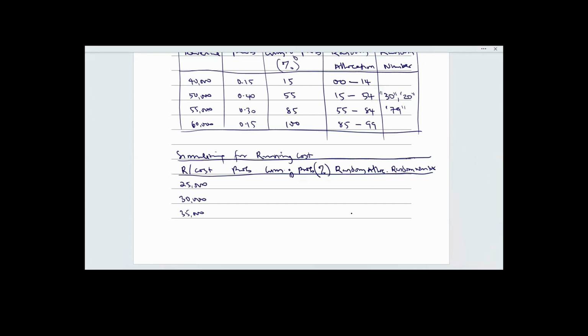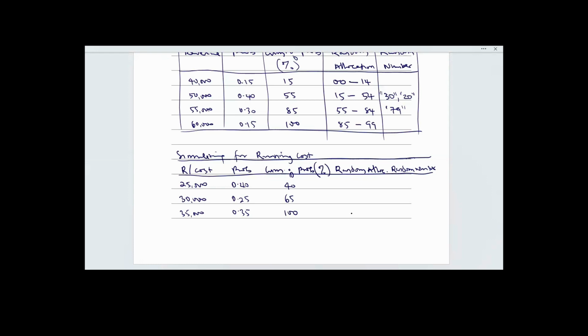Then the probabilities: 0.4, 0.25, 0.35. Find the cumulative of the probability in percentage. The first probability is 40. 40 plus 25 is 65. 65 plus 35 is 100.